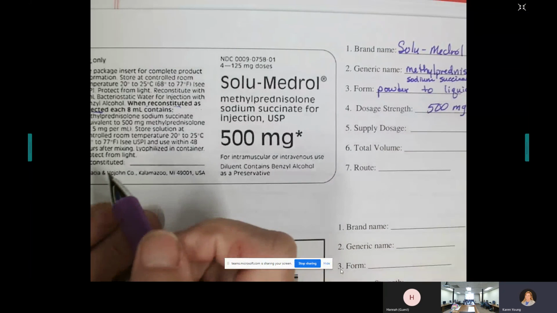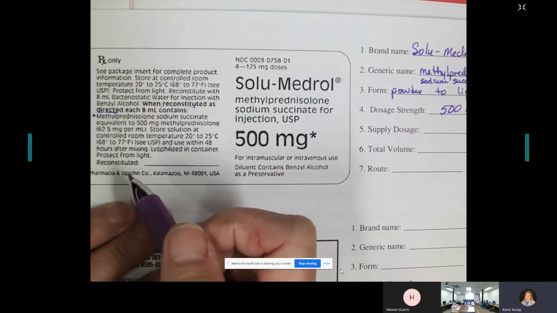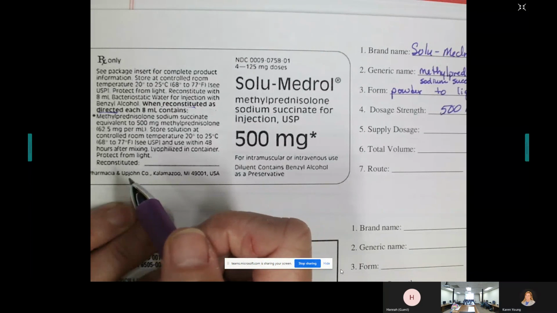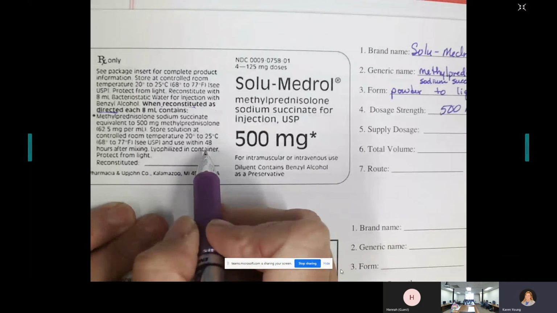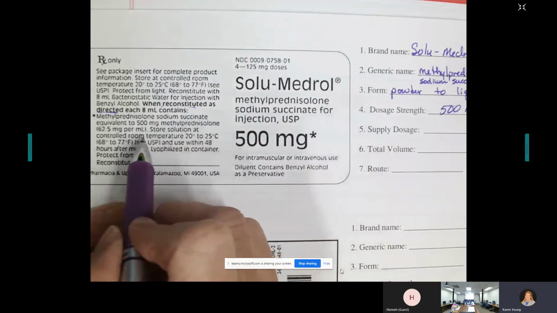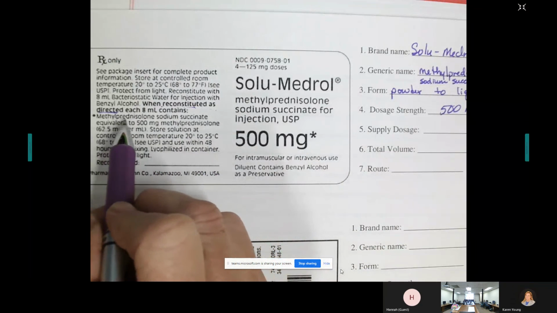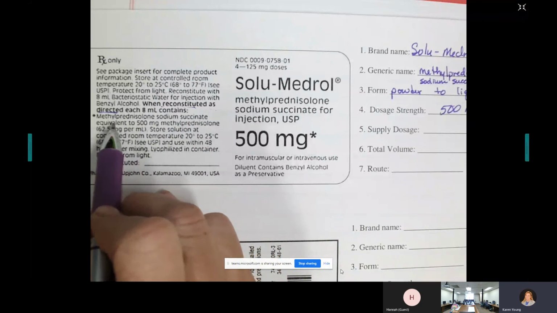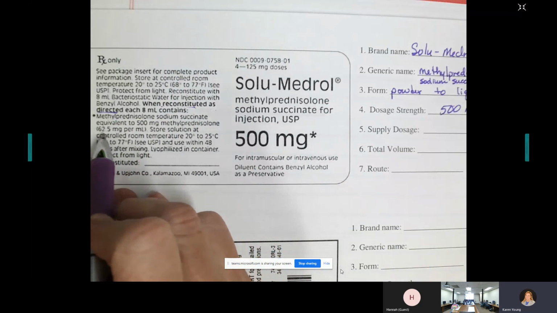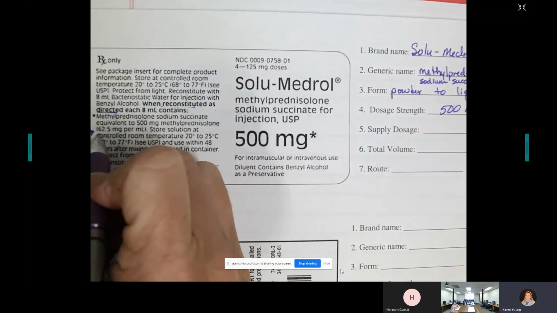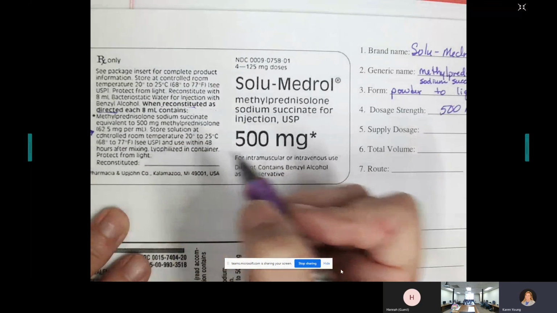Now, since we have to reconstitute it, you have to look in the fine print, because the 500 milligrams is how much medication is in this whole bottle. It says, when reconstituted as directed, each 8 milliliters contains the methylprednisolone sodium succinate equivalent to 500 milligrams, and in parentheses, 62.5 milligrams per milliliter.